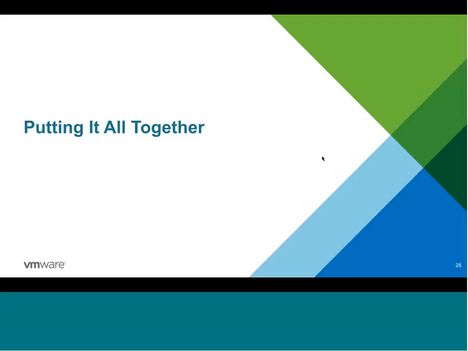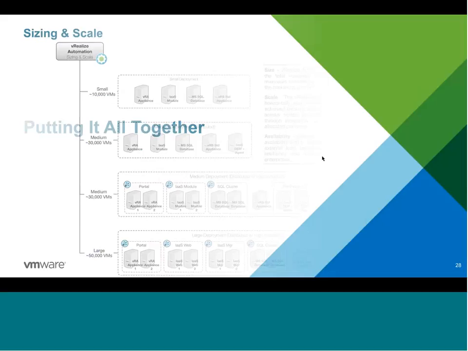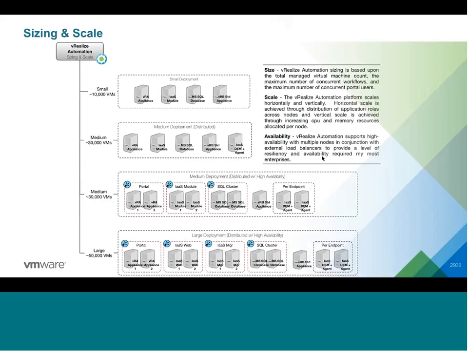So if we try to put it all together, this is the way we would deploy. Sizing and scale is typically by the number of virtual machines an environment can handle. In vRealize Automation terms, we'll call 10,000 virtual machines a small environment.